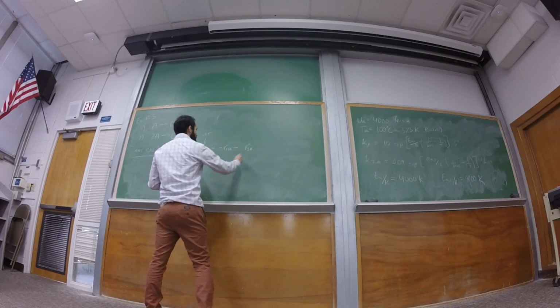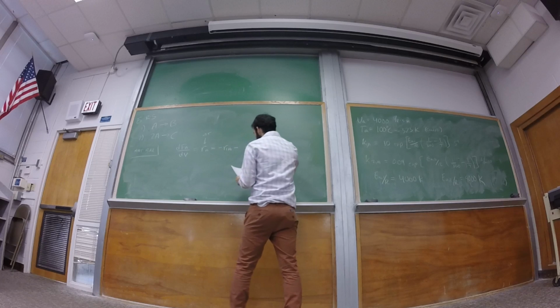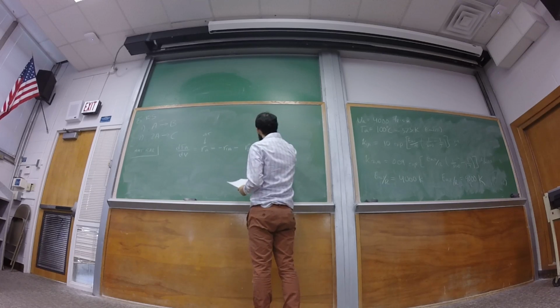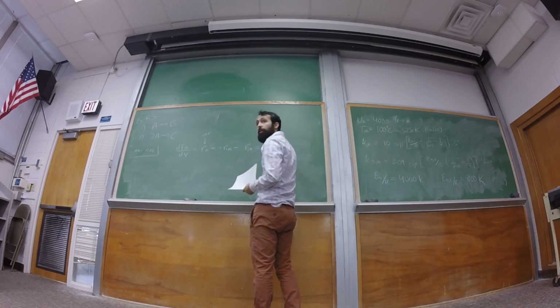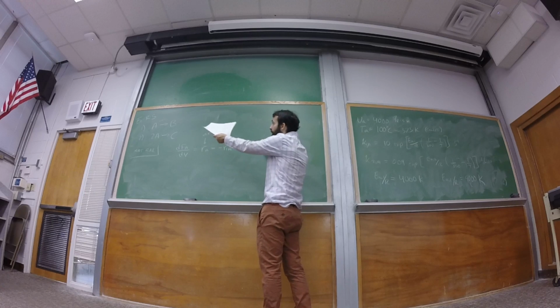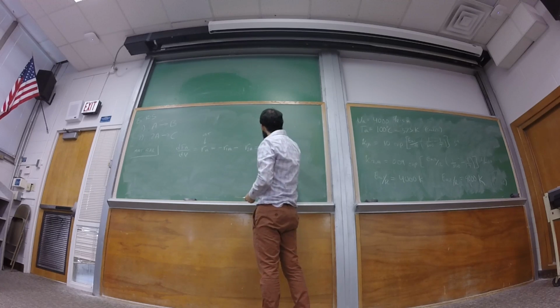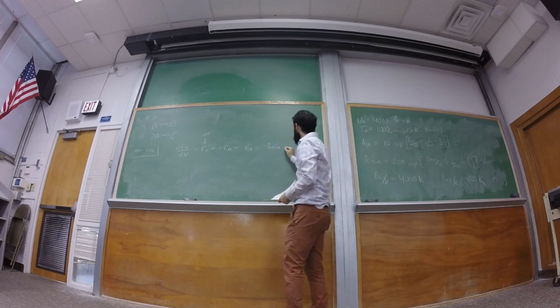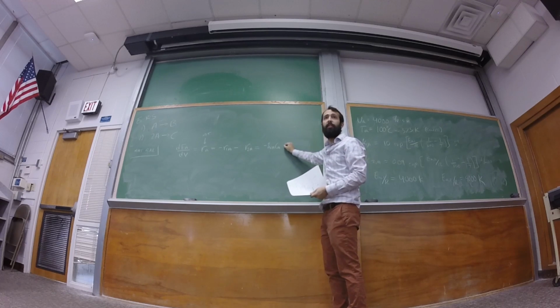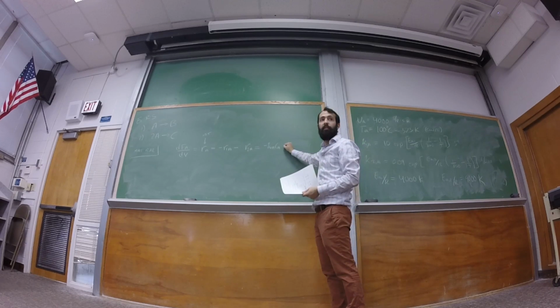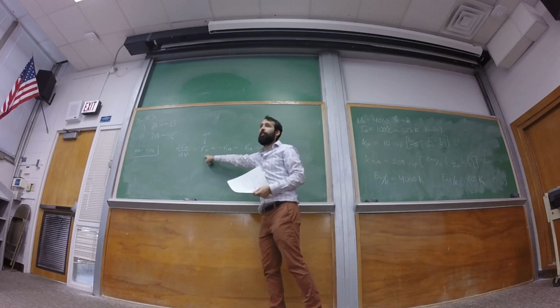All right, so that means that the rate of production of A is equal to what? Negative K1A CA minus or plus. No, that's the rate of production, so it's a minus.